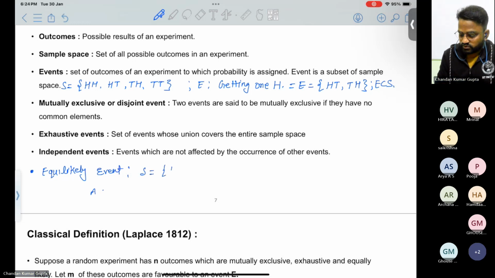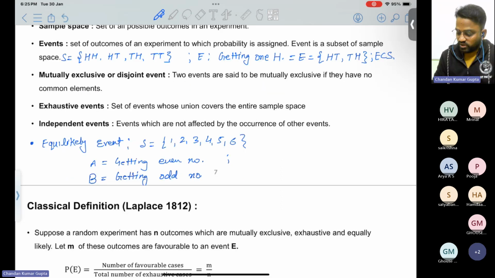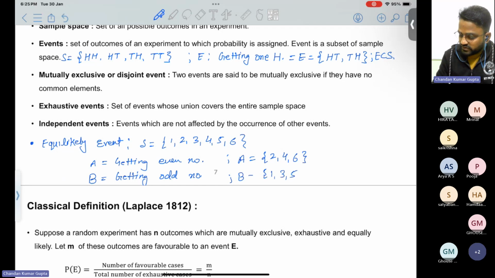Suppose we are rolling a die, for example. These are the sample space. A is getting an even number and B is getting an odd number. We will discuss probability later, but the number of elements in A is 2, 4, and 6, and in B we get 1, 3, and 5.